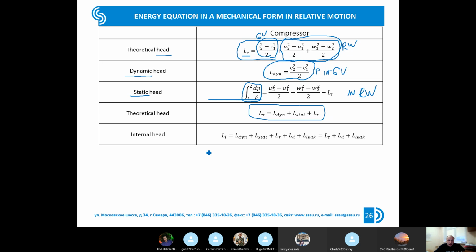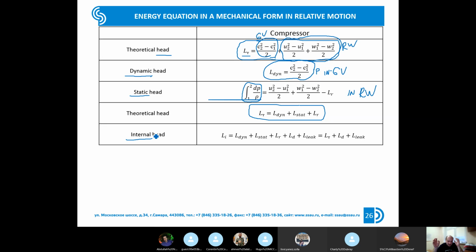So, let's remember how the compressor operates. We are supplying mechanical specific work, mechanical head, and this work is called internal head. It's the mechanical energy which is supplied for the operation of the compressor.